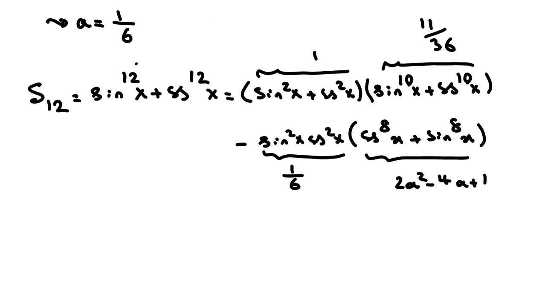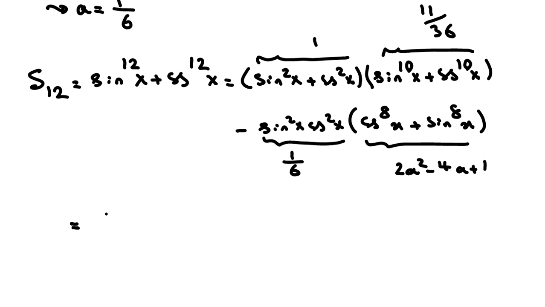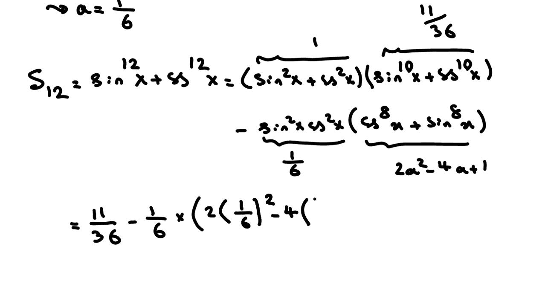So let's simplify. A is 1 over 6. So it will be 11 over 36 minus 1 over 6 times 2 times a squared, 1 over 6 squared, minus 4 times a, which is 1 over 6, plus 1.